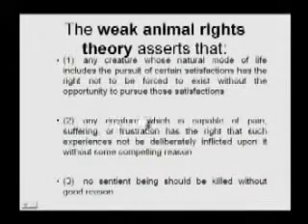Second, any creature which is capable of pain, suffering, or frustration has the right that such experiences not be deliberately inflicted upon it without some compelling reason. Third, no sentient being should be killed without good reason.